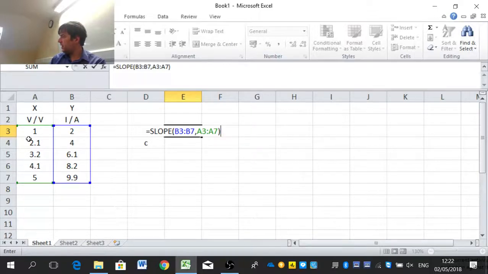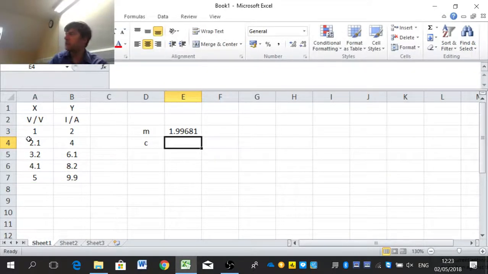Now, we can remember from the graph, what did we say the slope was? It was like 1.99. I said it's nearly 2. Remember that? So that's what I should get now. Let's see. And I do.